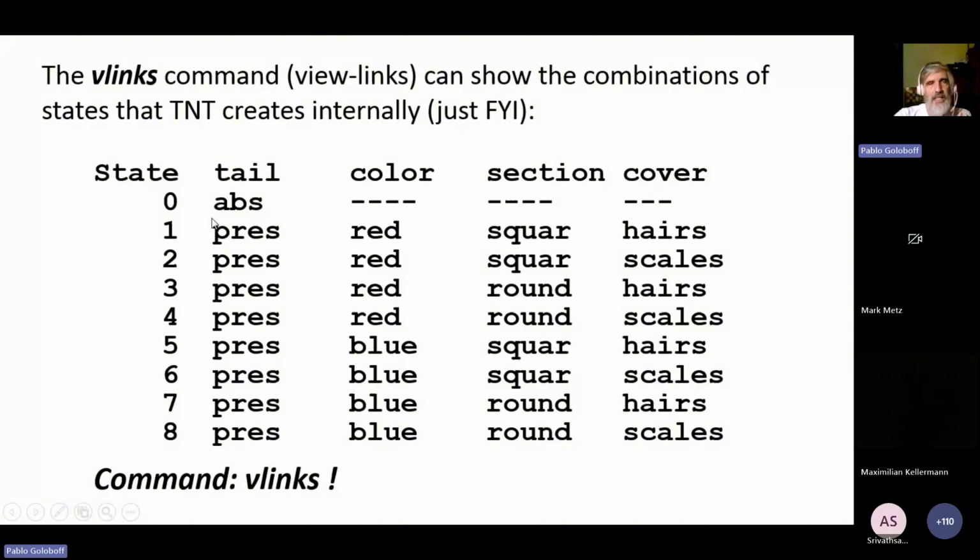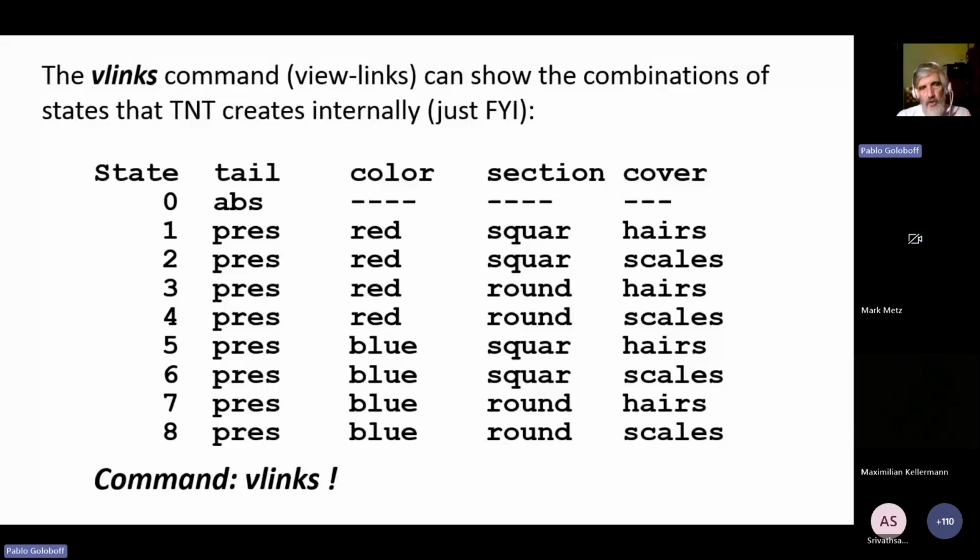So TNT internally is going to create a character with 9 states. When the tail is absent, all the other characters are inapplicable, and then you have the combination. You can see that there are 4 reds, 4 blues, 2 and 2 and 2 and 2, and 1 and 1 and 1 and 1. That's all the possible combinations for the 3 characters.